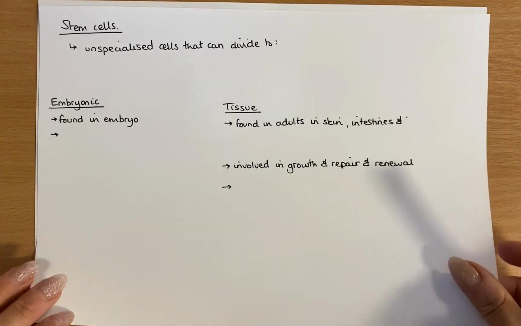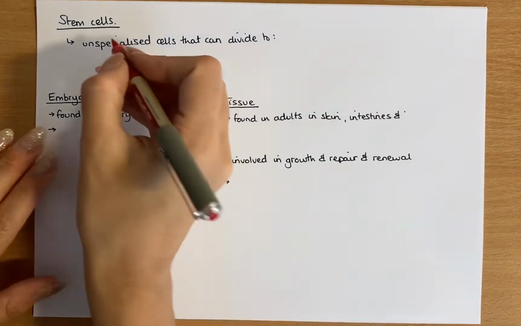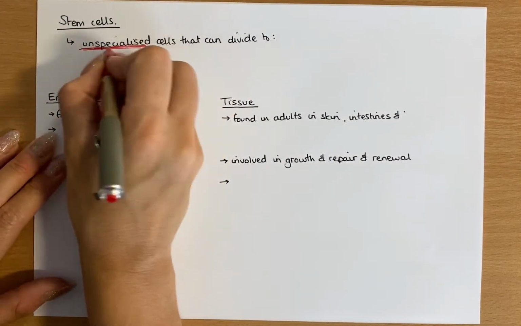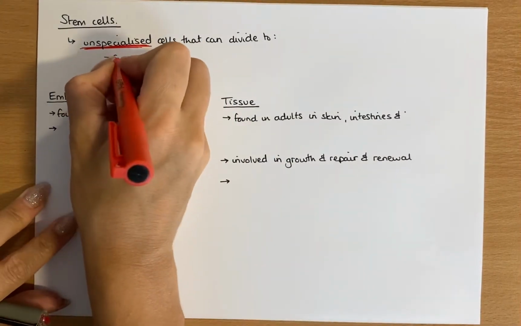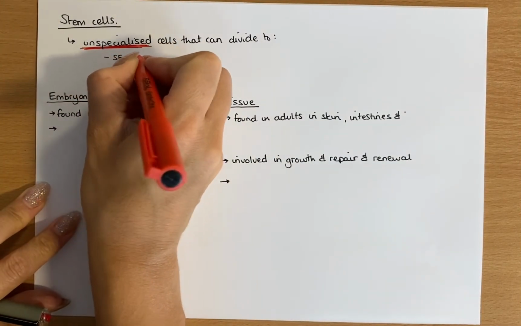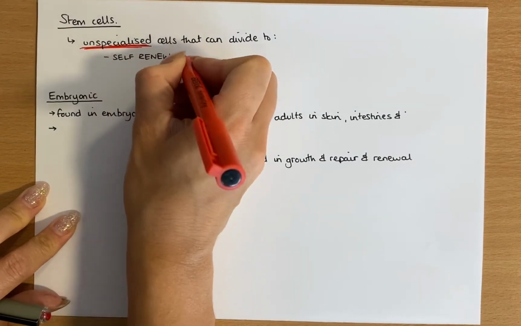Now it said it was going to come on to stem cells, which is what I've got here. Now stem cells, what you know from National 5 is that they are unspecialised cells. They do not have a particular function. Those stem cells will then divide either to what's called self-renew, and if they self-renew, it essentially means that they make copies of themselves.